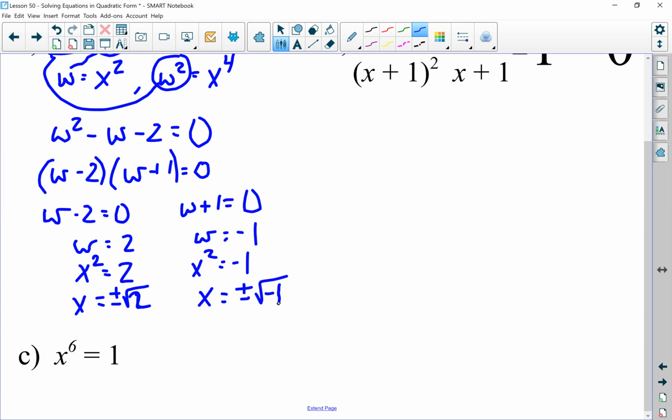And for the other one, I get positive and negative square root of -1. And what is the square root of -1? I think you're right. So there are my 4 solutions, my 4 answers.